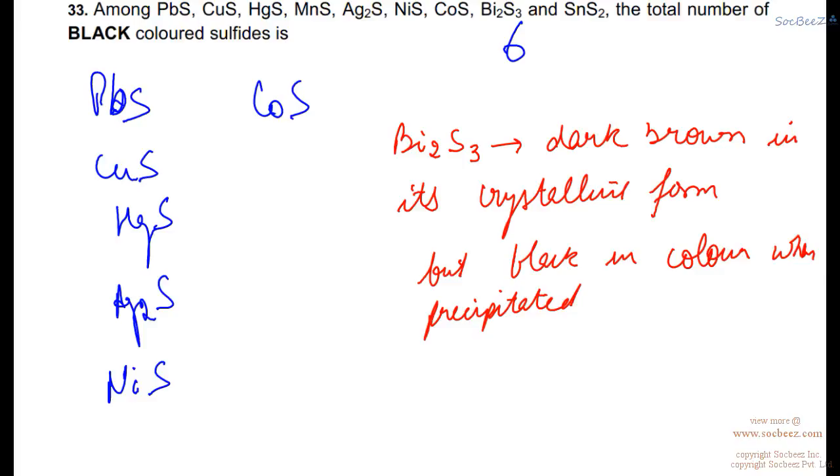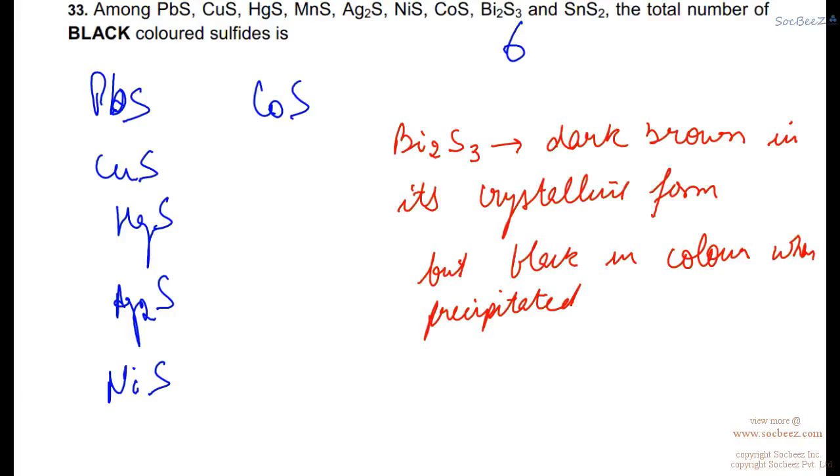So here in this case the correct answer is 6, because it is not given whether the compound is just precipitated or not. Therefore we are going to assume that they are stable crystalline compounds. So the correct answer in this case is 6.